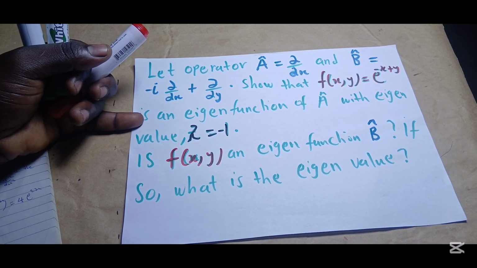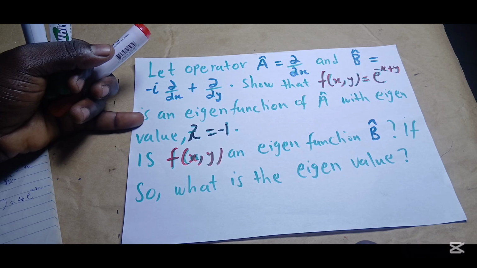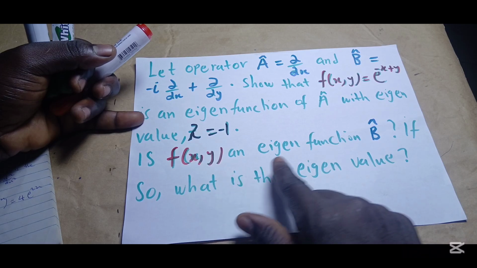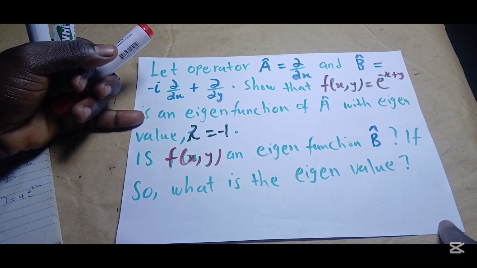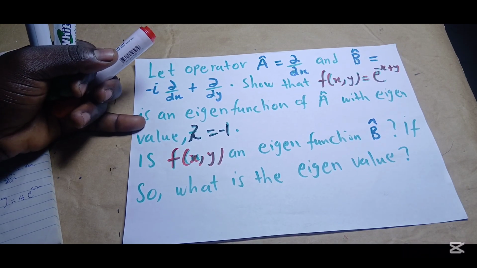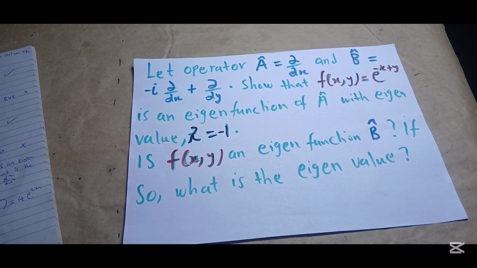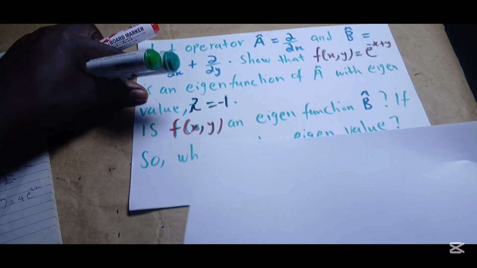And the second part is asking us to show whether f of x and y is an eigenfunction of operator B. If it is indeed an eigenfunction of operator B, then we should write out the eigenvalue. Let's proceed with part 1.